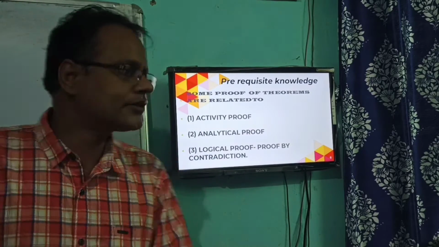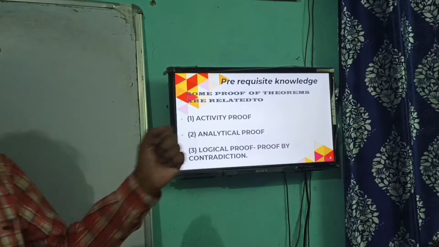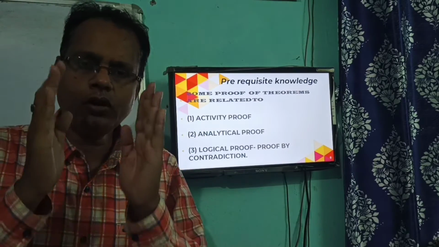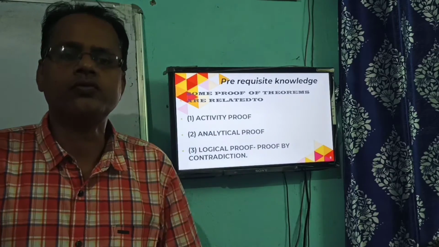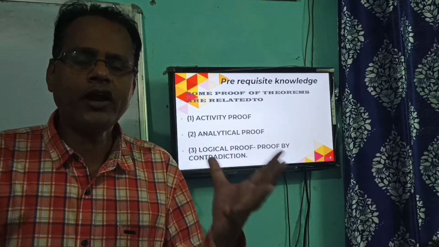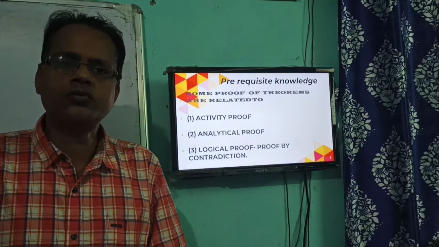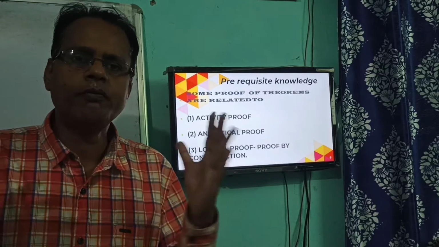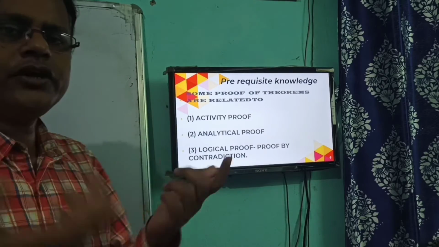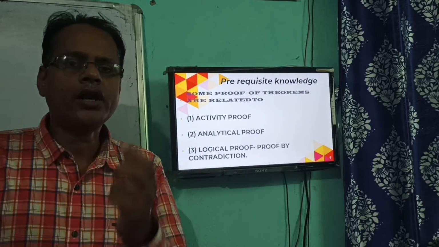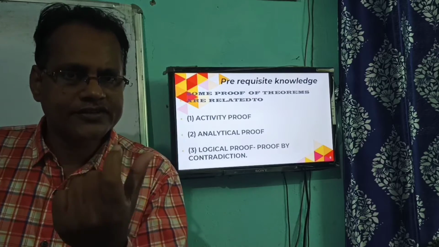Now, what is this proof by contradiction? You should know what a contradiction proof is. If you don't have an idea about a contradiction proof, then this proof may be difficult for you to understand. So let me explain what a proof of contradiction is.